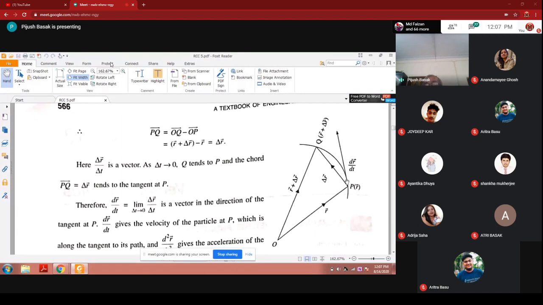Firstly the vector was OP, then it moved, P has traveled to Q. So the position will change, and this position vector will be r plus delta r. Previously it was r, now it is r plus delta r. So PQ vector, the path travelled, is OQ minus OP, which is r plus delta r minus r, equal to delta r. So delta r is a vector from P to Q.